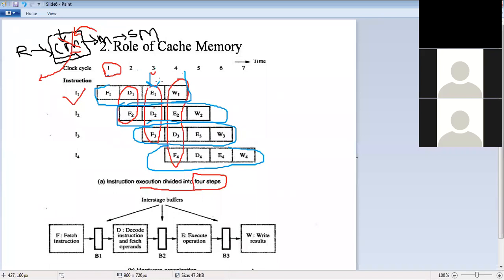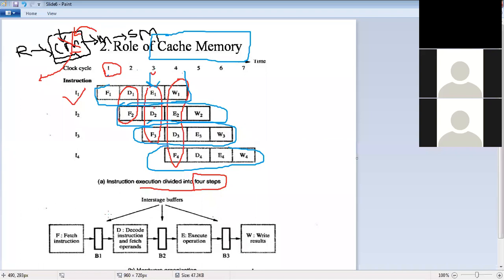So always remember how we can speed up the processor. If we use the cache memory concept here, the request is satisfied in a single clock cycle and the data is made available to the processor within a single clock cycle, and the access time is automatically reduced.